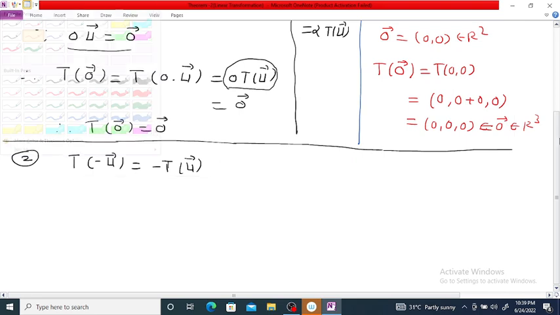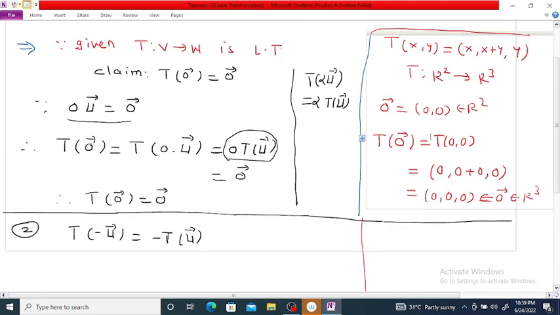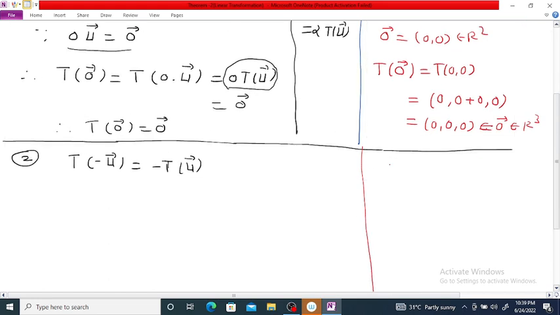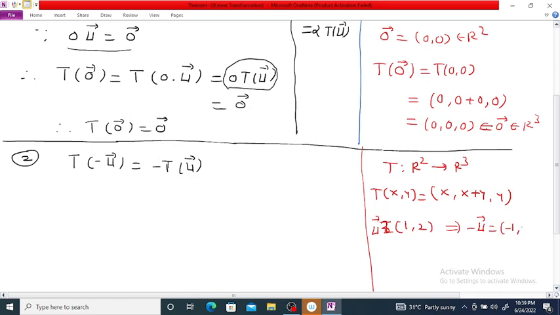So consider the same example as before: T is a mapping from R square to R cube, defined as T of (x, y) equal to (x plus y, y, y). Take u bar equal to (1, 2). Then minus u bar is equal to (minus 1, minus 2).